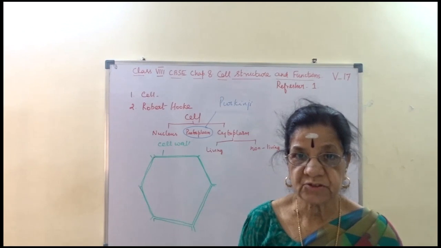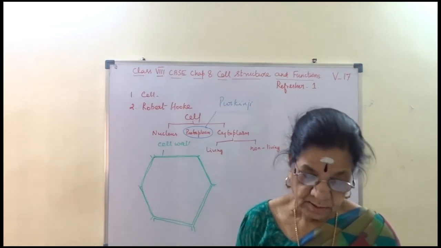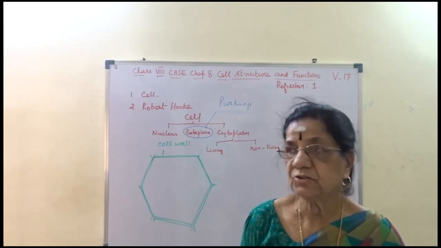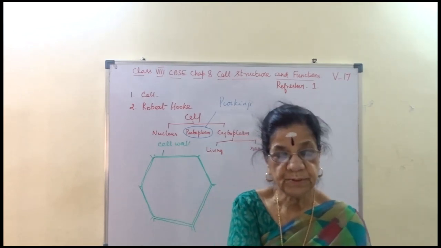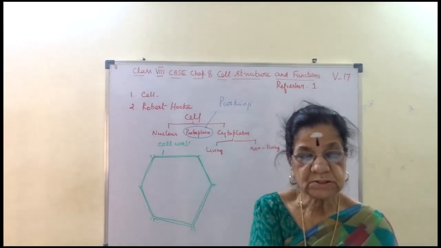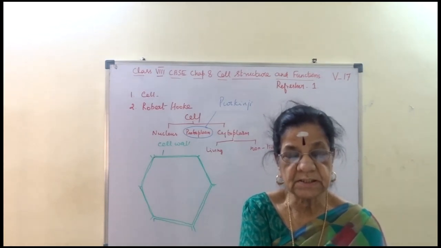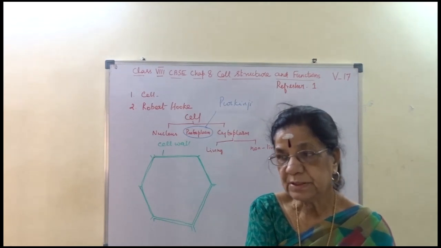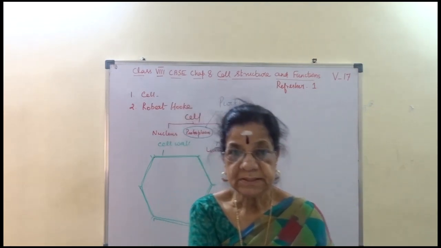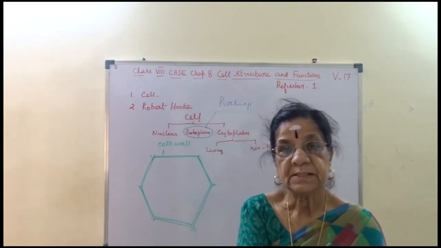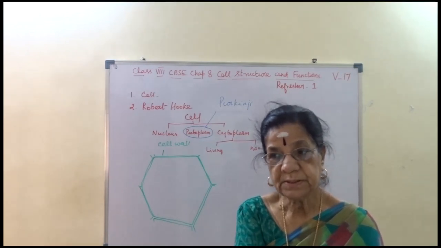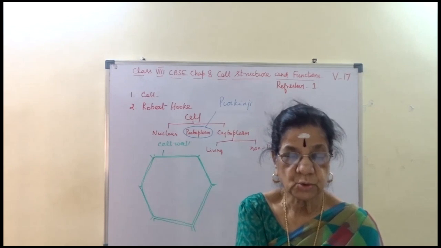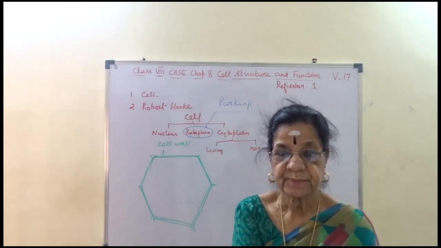So plants need to be protected. They are exposed to this variation because plants cannot move. Animals move from place to place, whereas plants cannot move from place to place. Only the plant parts show movements.